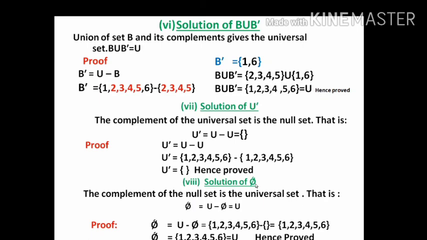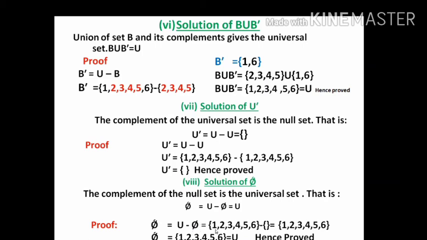Now its eighth part, that is phi complement. Phi complement means complement of the empty set. This is also a property of the complement, that is phi complement is equal to the universal set. So this property we can prove by the following solution. Phi complement is equal to U minus the empty set. This is the symbol of the empty set.